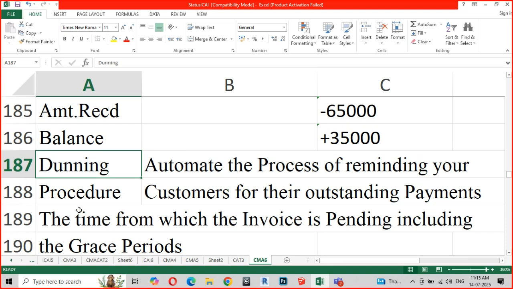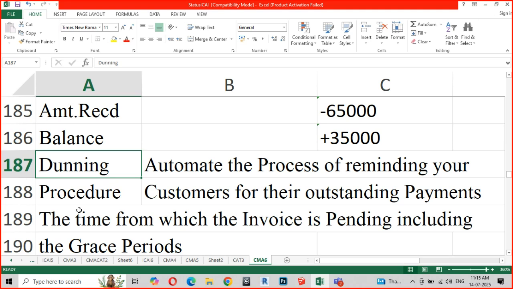Just like we had the automated process of releasing payments to the vendors, here we have the automated concept of reminding the customers of their outstanding receipts.